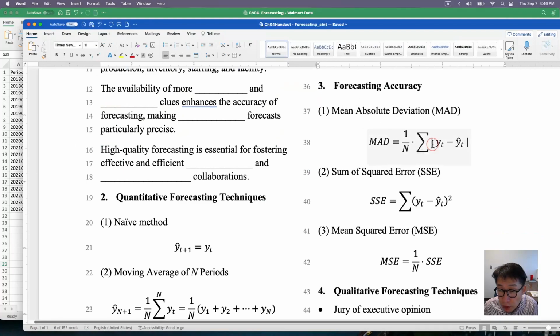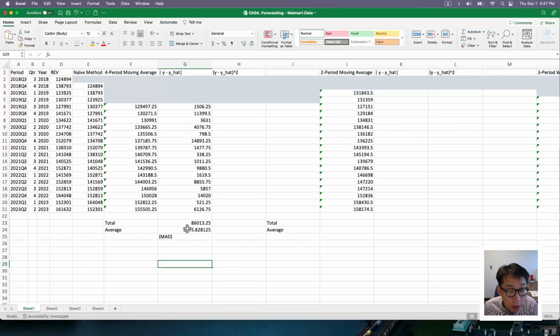For each pair, we took the difference, we took the absolute value, which turned all those results positive, and then we divided by the number of observations, which gave you the average. This is one approach, MAD.